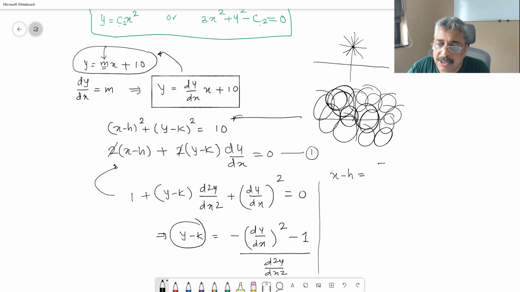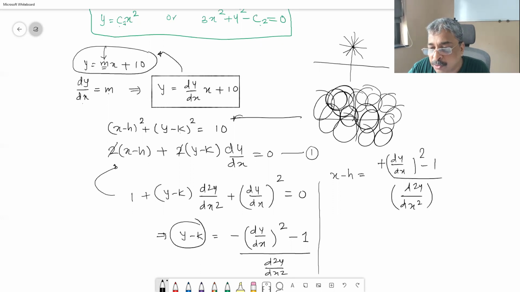So minus ((dy by dx) whole square plus 1) upon d2y by dx square, into dy by dx. This is minus of this, so let me make it positive. So that is taken care of. Now I am aware that y minus k looks like this, x minus h looks like this.